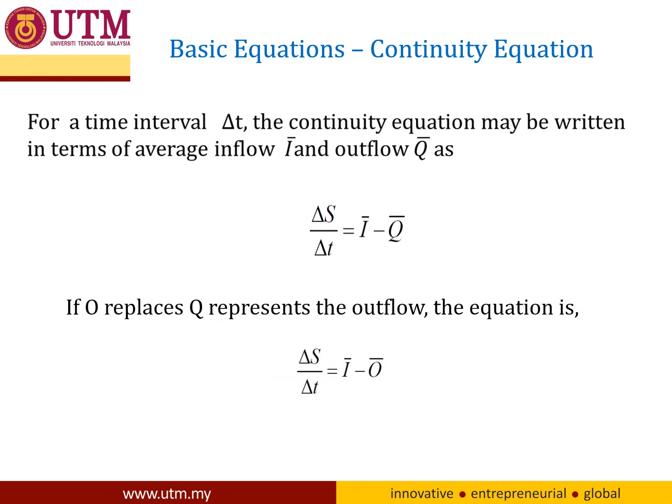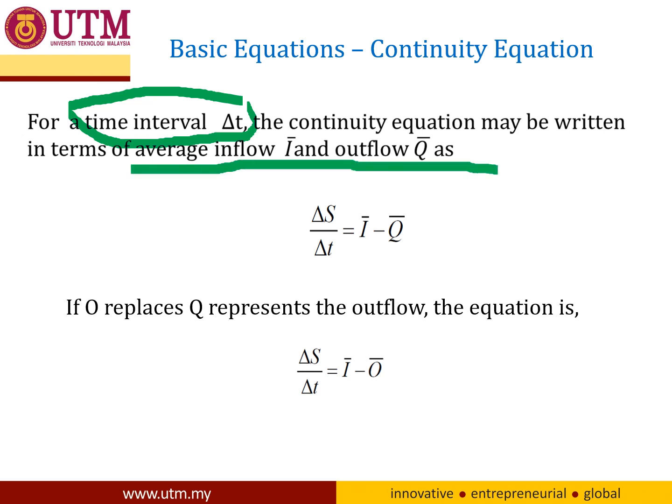Because it involves a time step, it will have a time interval. So the continuity equation may be written in terms of average inflow and outflow. There is a bar on top here, so it means average inflow and average outflow. Okay, let me change the color.